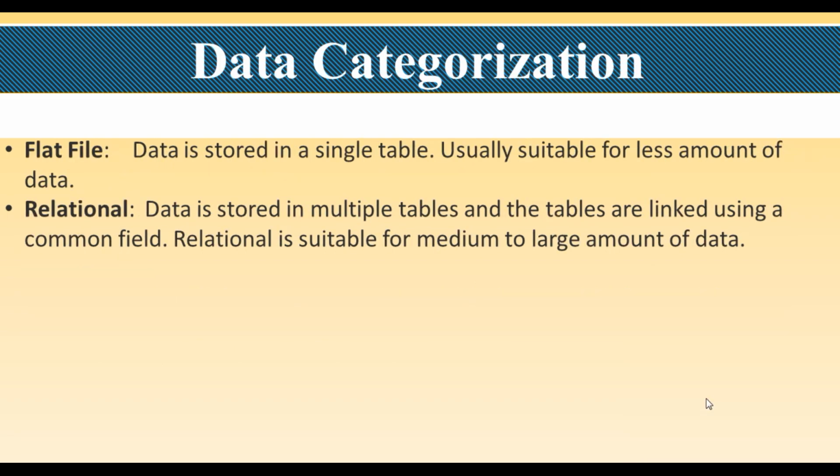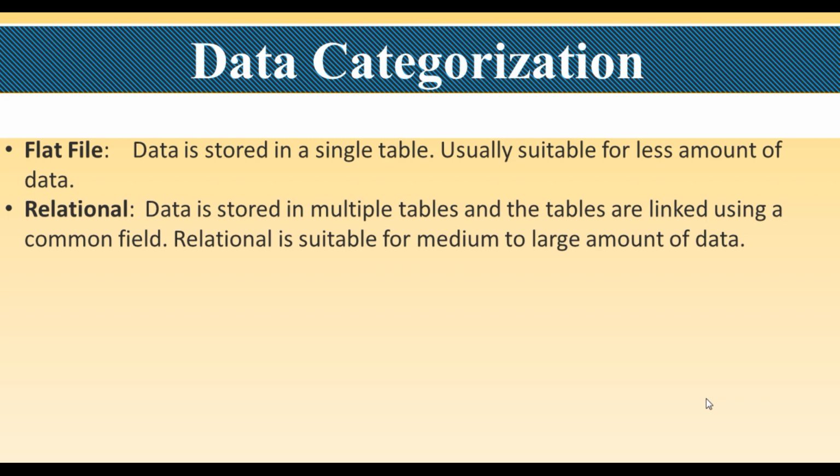Now data categorization. Students, there are two types of data categorization. The first one is flat file, and the other is relational. The flat file means data is stored in a single table. As we know, a database is an organized collection of data, but it is stored in tabular format.